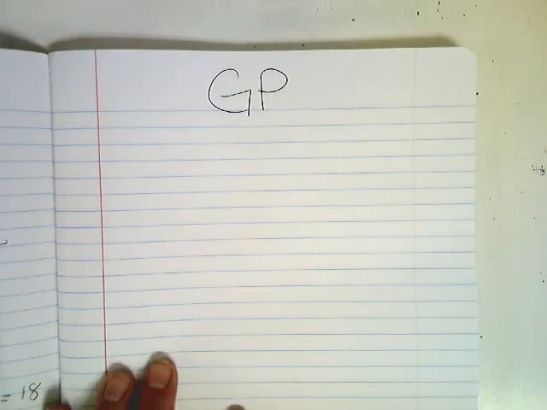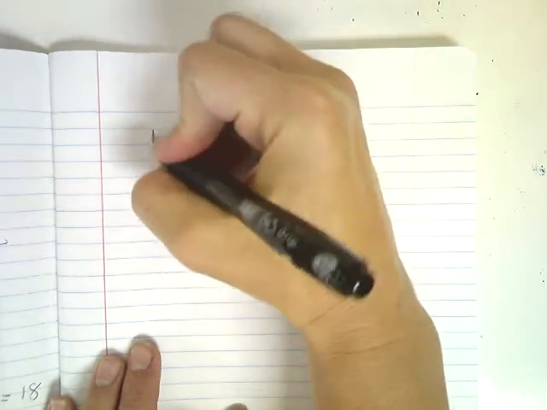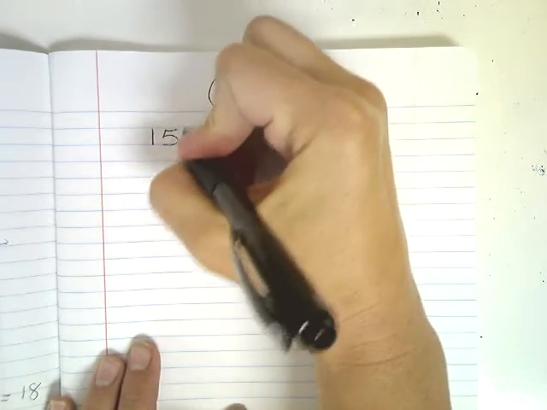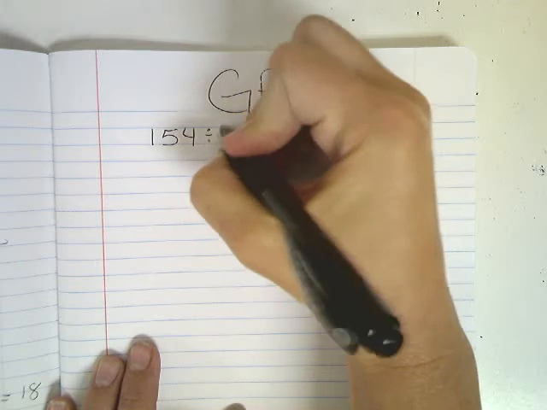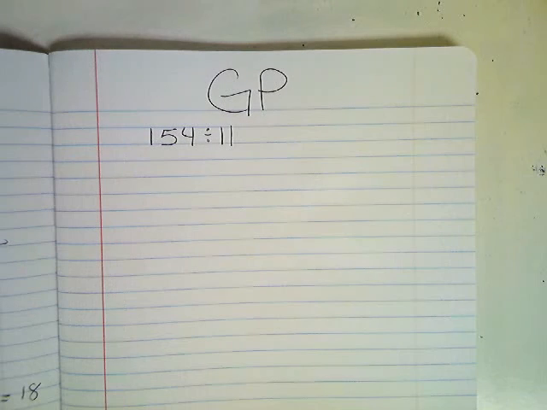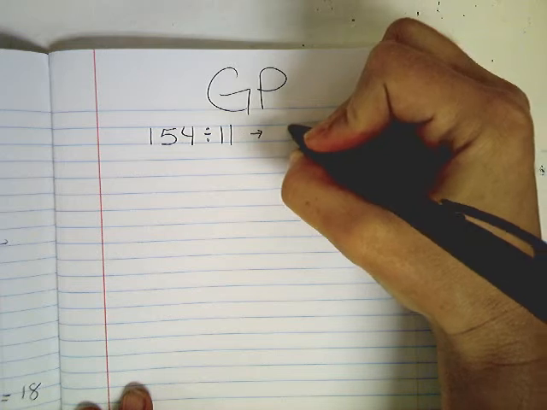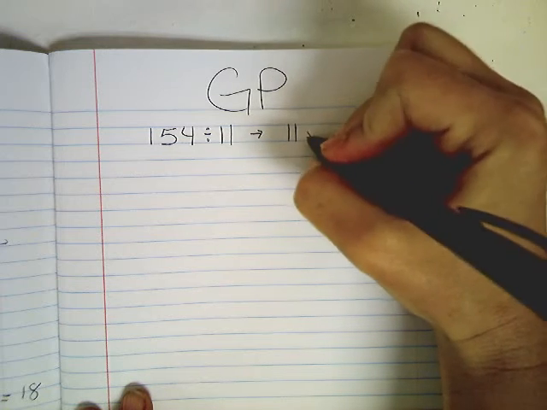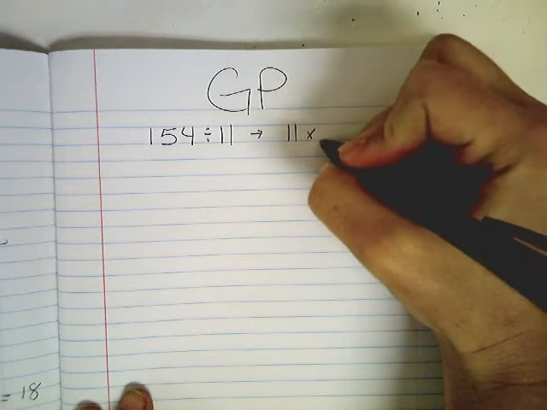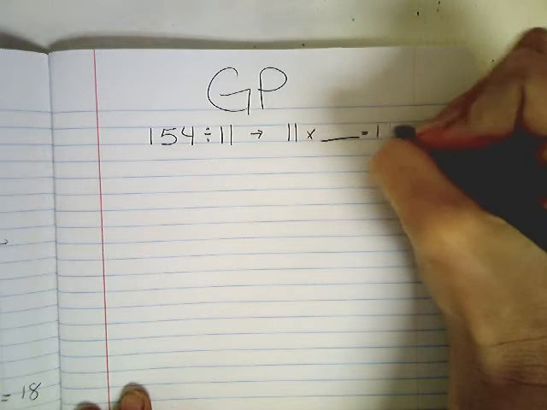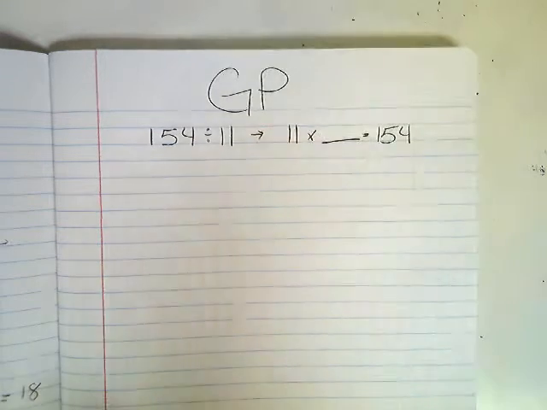Following our steps, we are going to do 154 divided by 11. Step 1, we need to rewrite this as a multiplication problem. So this turns into 11 times what equals 154?